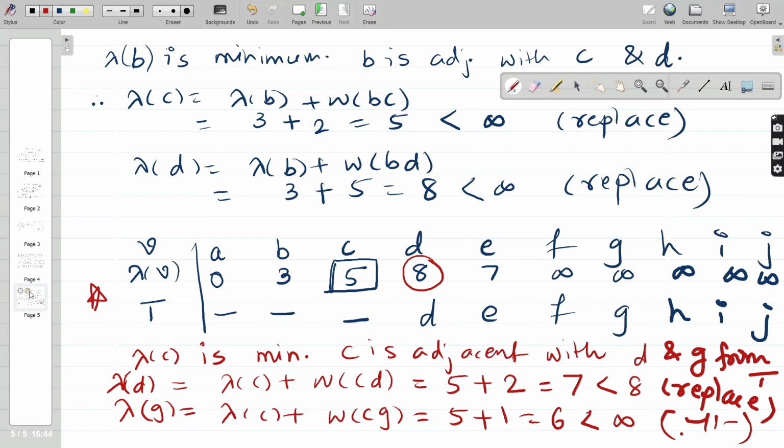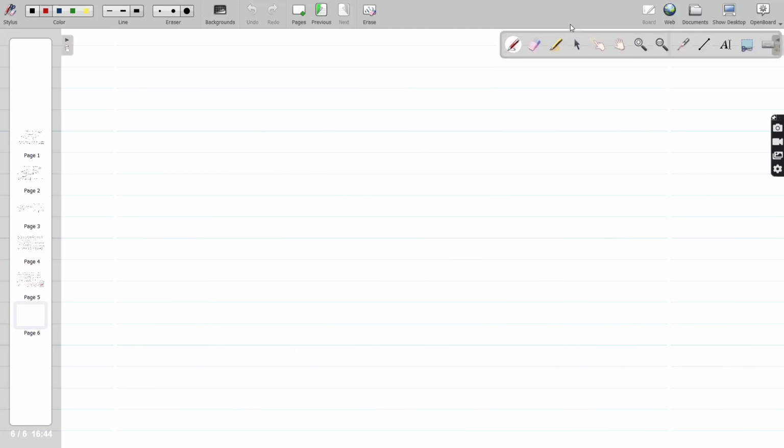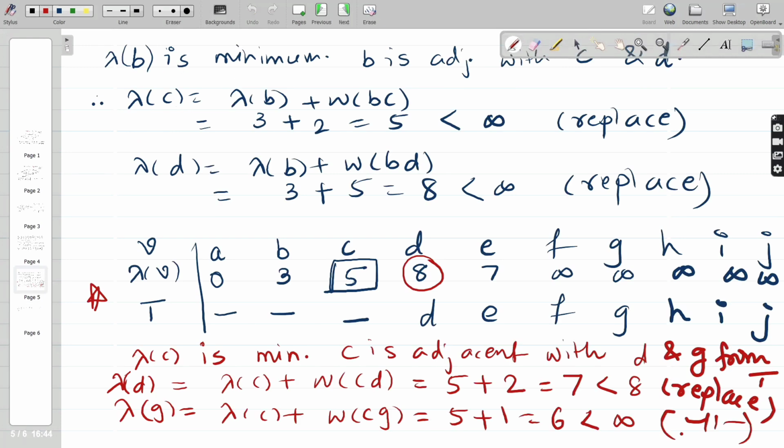I'm preparing the next table now. So again, I will be writing V, lambda V and T: A, B, C, D, E, F, G, H, I, J. We have to remember this. Now 0, then 3, 5.